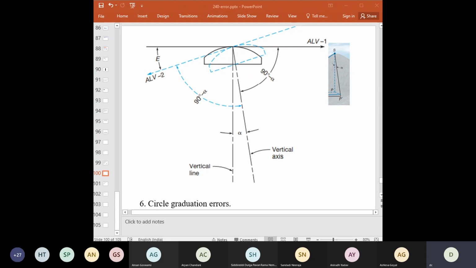So total station instruments with a dual axis compensator can apply these mathematical corrections to horizontal angles, which accounts for any leveled or misleveled condition of the horizontal and vertical axis.